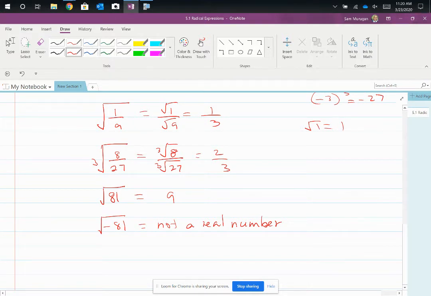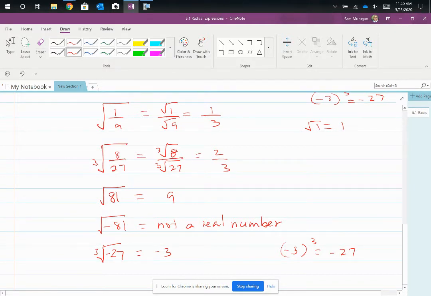Because there's no number that can be squared to give negative 81. See the difference? But if we had the cube root of negative 27, that's equal to negative 3, since negative 3 to the third power is equal to negative 27.